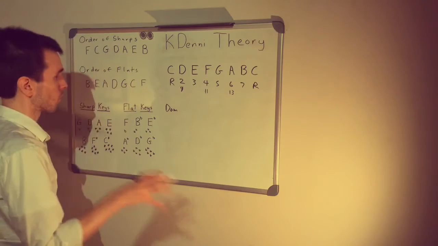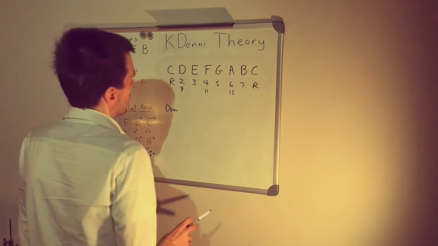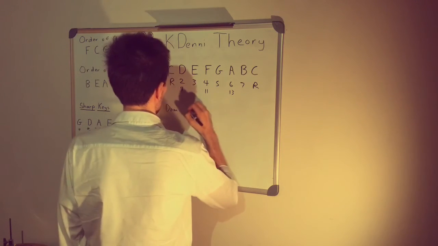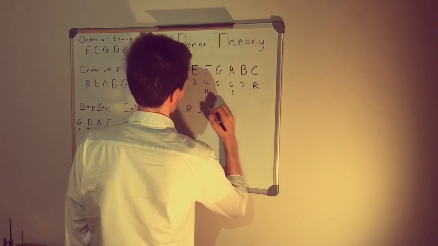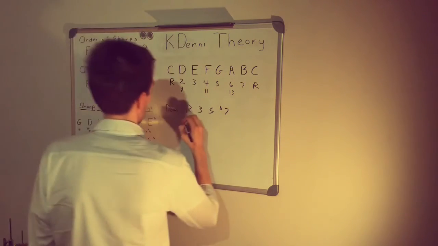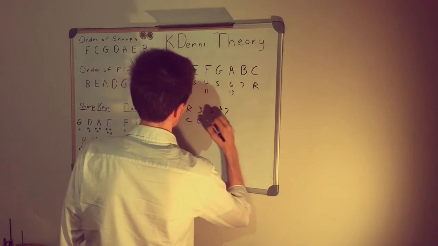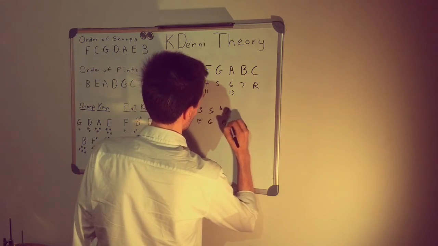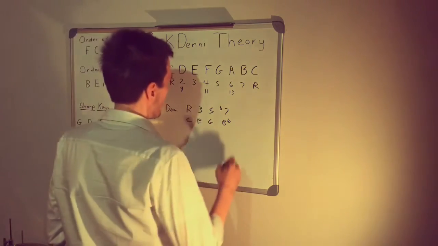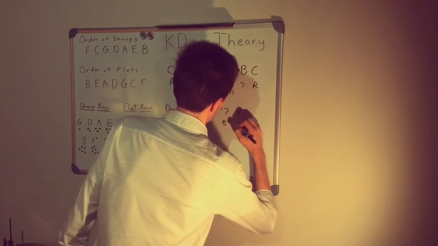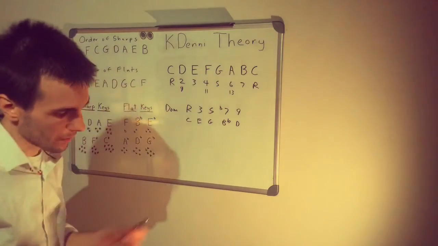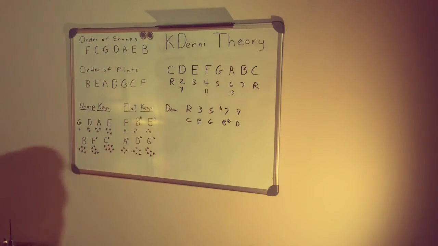So our normal C dominant chord, if we remember, is root, 3, 5, and flat 7, giving us C, E, G, and B flat. We'll make that a dominant 9 by adding a D to it, and presto, we have another incredible sounding chord that I really dig.